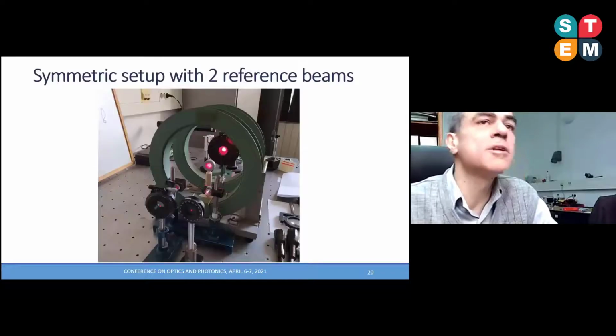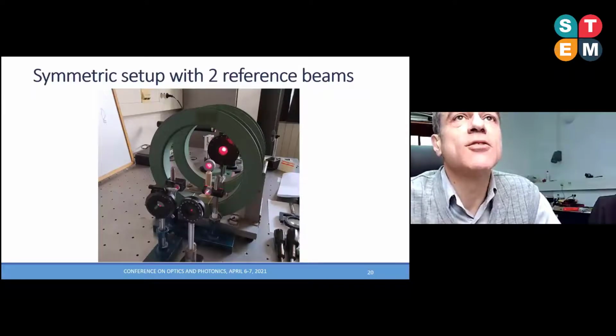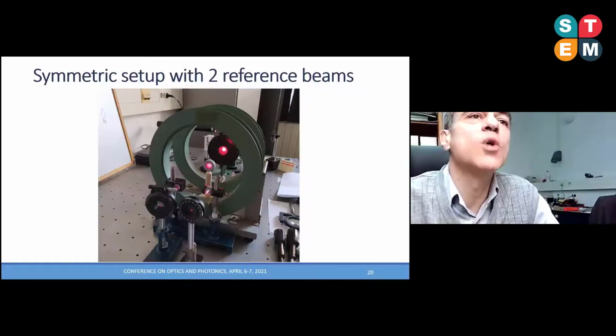And at this moment, we are actually on a more symmetric setup with two reference beams. I'm not going to go into the details of this setup because we are still working on it. One of the things we realized is that we are using a camera with a rolling shutter.